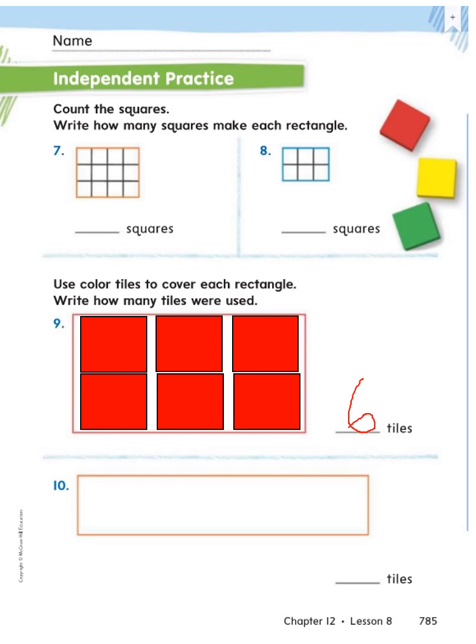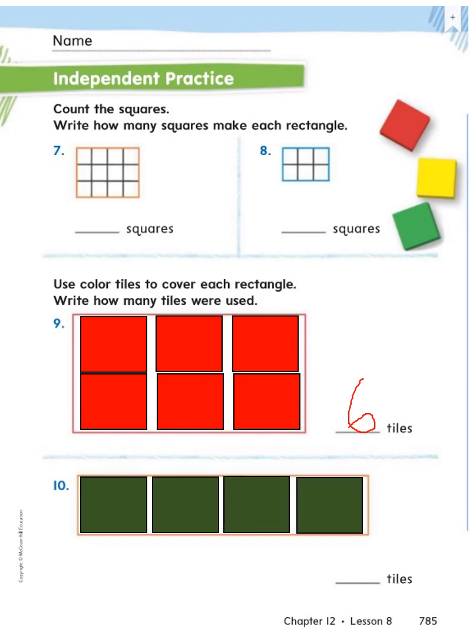Now look at number 10. How many of these same squares do you think would fit in number 10? Just take a guess. Let's see if you were right. So, for number 10, 4 tiles would be used to fill this rectangle. So the area is 4. All right, let's move on.